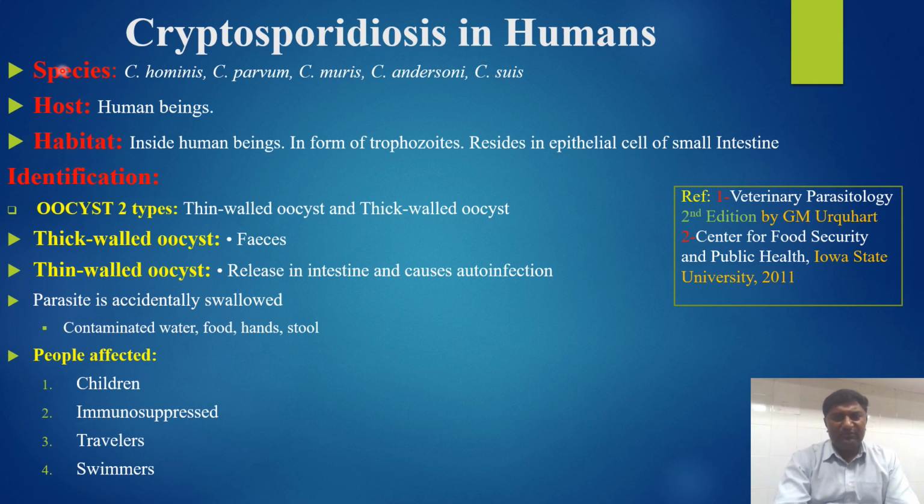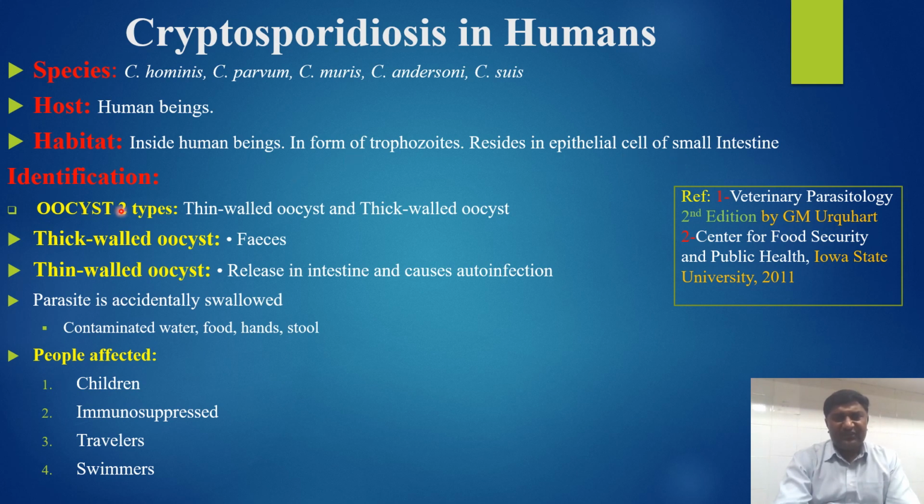The most important species related to Cryptosporidiosis in humans, the first one is Cryptosporidium hominis, Cryptosporidium parvum, Cryptosporidium muris, Cryptosporidium andersoni, and Cryptosporidium suis. The host is human beings, the habitat is inside the human being in the form of trophozoites, residing in the epithelial cells of the small intestine.